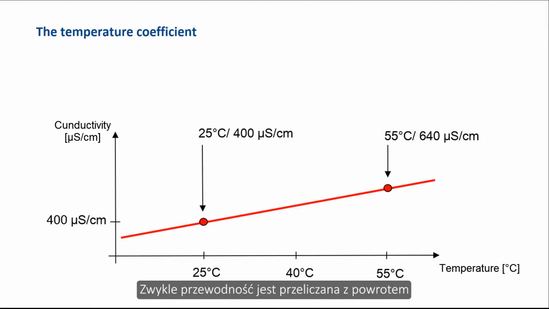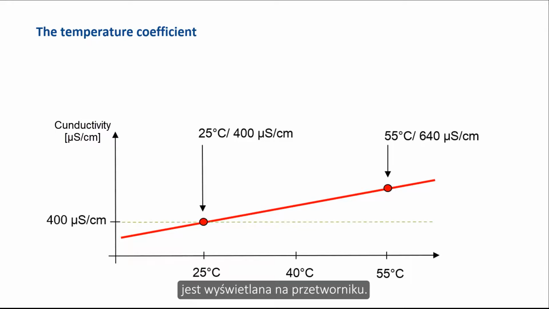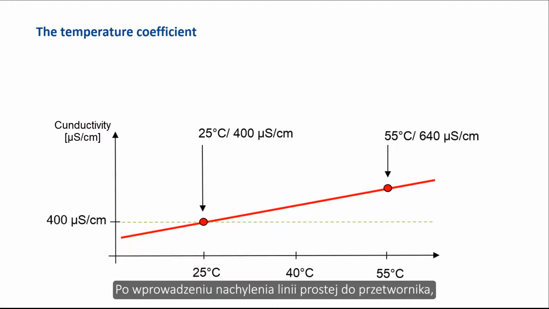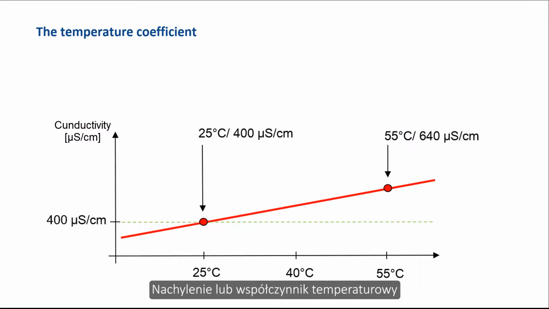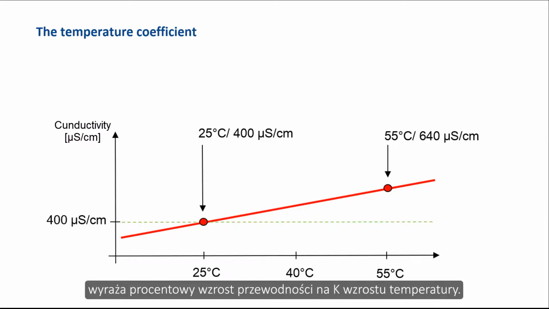Normally, the conductivity is calculated back to a reference temperature of 25 centigrade, and this so-called compensated conductivity is displayed on the transmitter. After the slope of the straight line has been entered in the transmitter, it can calculate the compensated conductivity from the uncompensated conductivity and the temperature. The slope or temperature coefficient expresses the percentage increase in conductivity per Kelvin temperature increase.